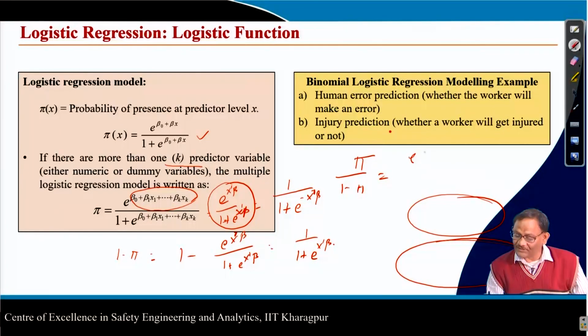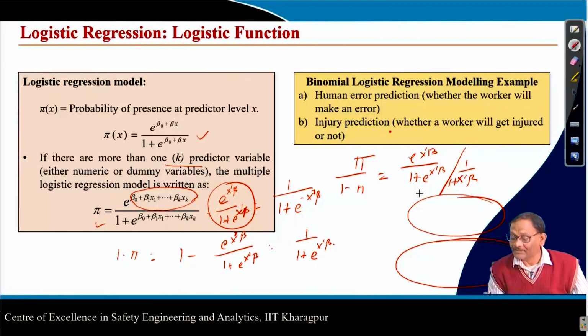It is e to the power x transpose beta by 1 plus e to the power x transpose beta, divided by 1 by 1 plus e to the power x transpose beta. So the 1 plus e to the power x transpose beta will cancel out, so this will become e to the power x transpose beta.